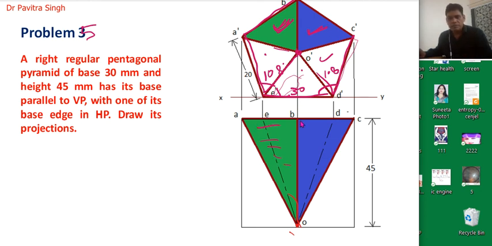Okay, and this surface will be projected like this, and the remaining surfaces will be in the back side of these 2 surfaces. Okay, so this is the top view and this is the front view of this pentagonal pyramid. So this was the problem on the pentagon.